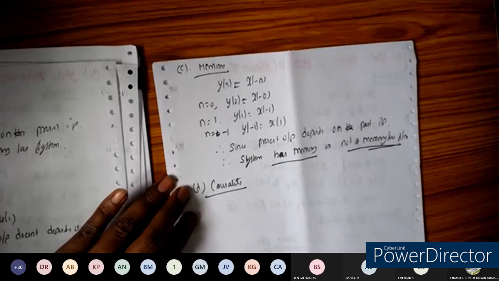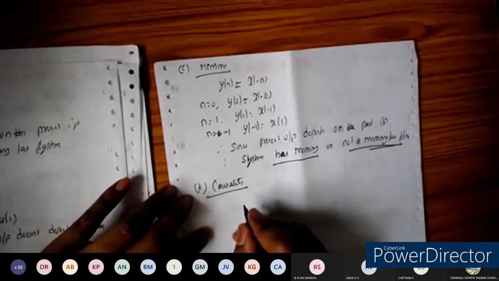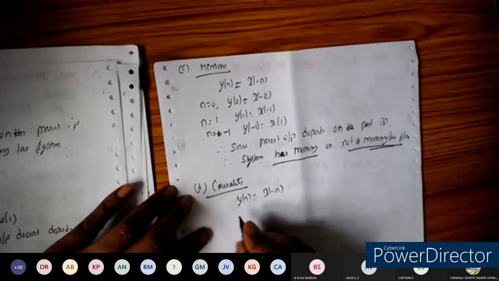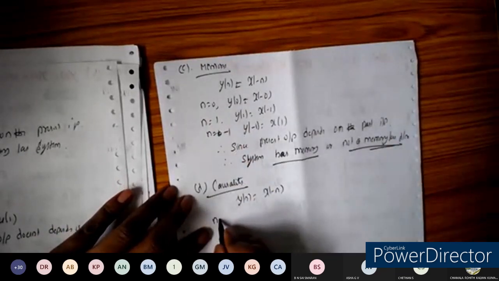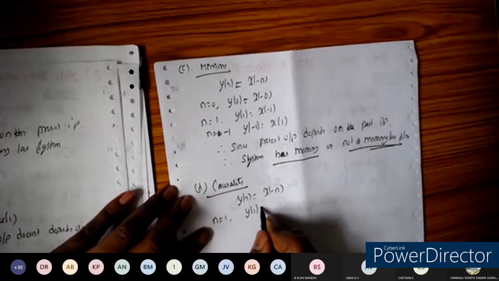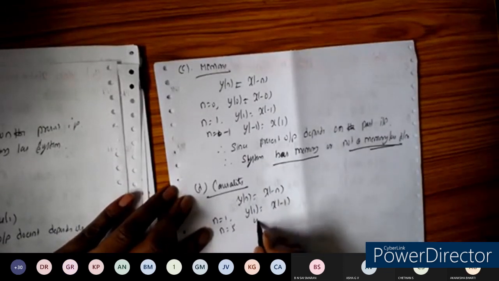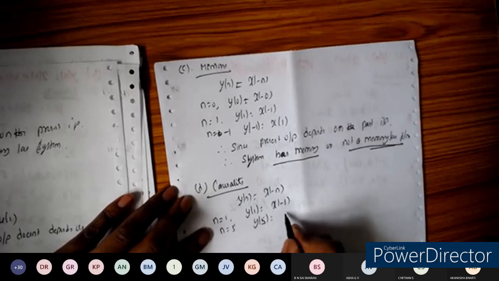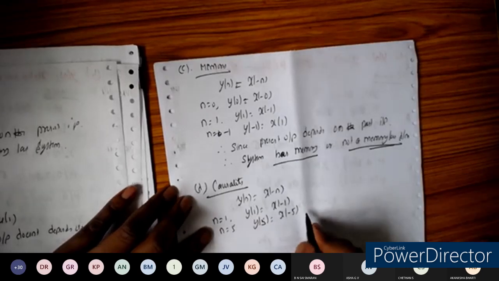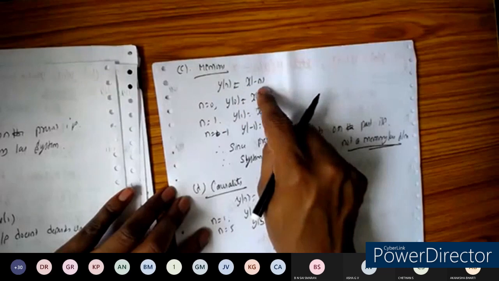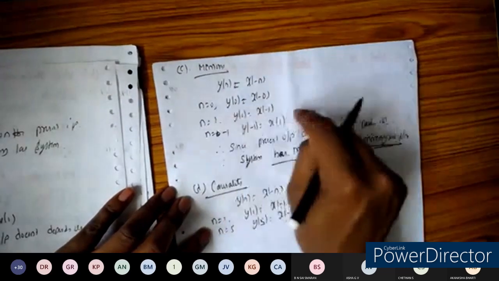So the next one is causality. In the same way we can verify here. If I substitute n is equal to 1, y of 1 depends on x of minus 1. If I substitute n is equal to 5, let us say this is the present value and it depends on the future value. Directly, y of n is equal to x of minus n, but it will come to the negative side.